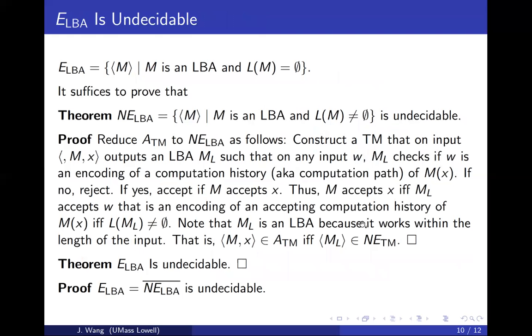Next, we're going to say that this language on LBAs, where we want to know whether the LBA doesn't accept anything, is undecidable. We let E sub LBA be the set of encodings of LBAs M where M doesn't accept anything.